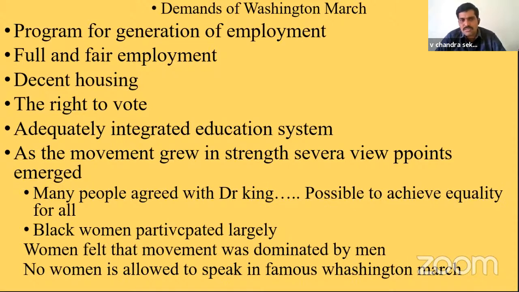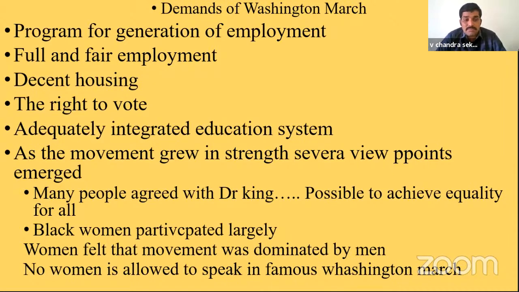As the movement grew in strength, several viewpoints emerged. Many people agreed with Dr. Martin Luther King that it is possible to achieve equality for all. After seeing the successful March on Washington, they came to know it is possible to give equality for all.